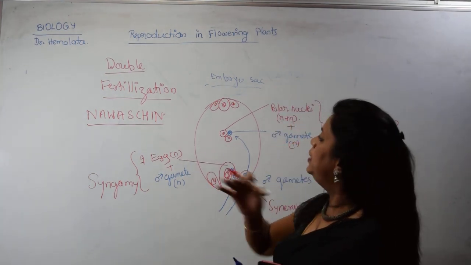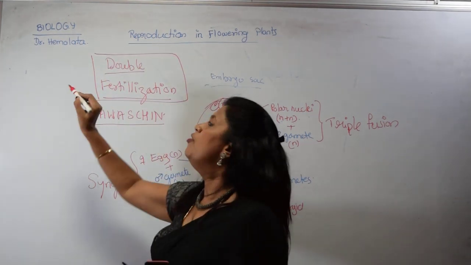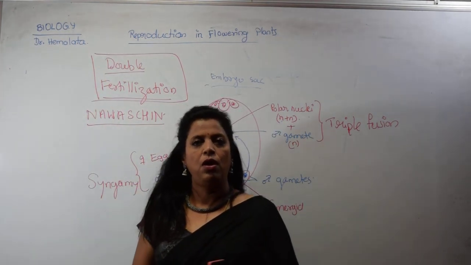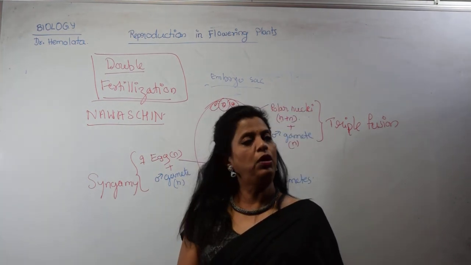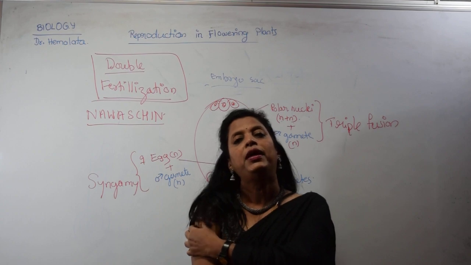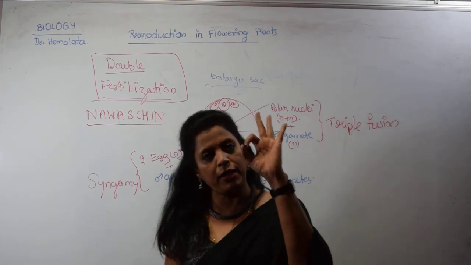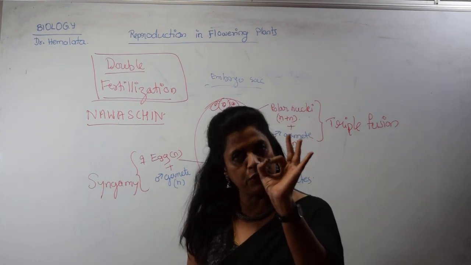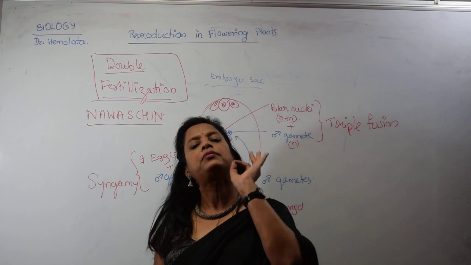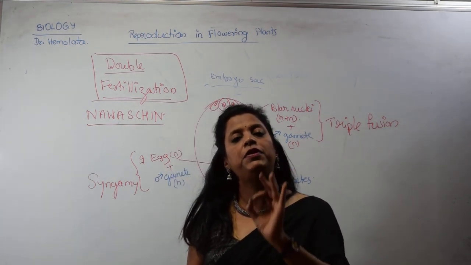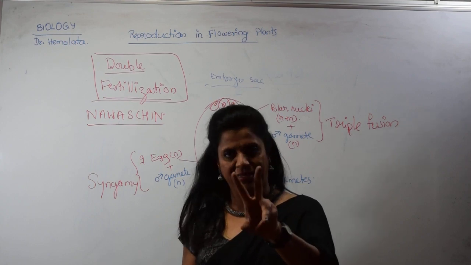Now, double fertilization is an important word to remember for a 5-mark question. What is double fertilization and triple fusion? What will you write? First, double fertilization is the characteristic feature of angiosperms. You have to write this word, angiosperms. It will not happen in any other plants. It is the characteristic feature of angiosperms in which fertilization happens twice.